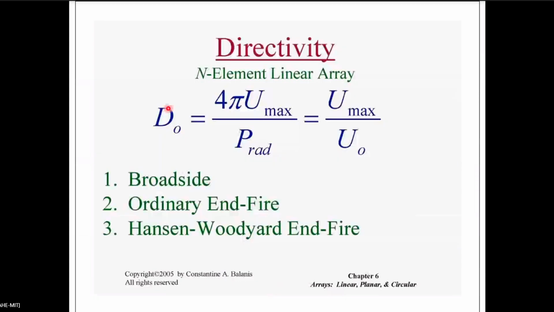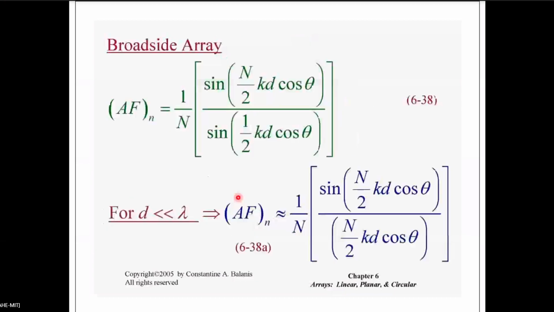Directivity of an n element array. You know the general formula: 4 pi U max by P rad, that is U max by U naught. Broadside array, end fire array: 1 and 2 we have to see, and the third one is not required. So broadside array, d much less than lambda, array factor is equal to 1 by n. This is the equation for the array factor.